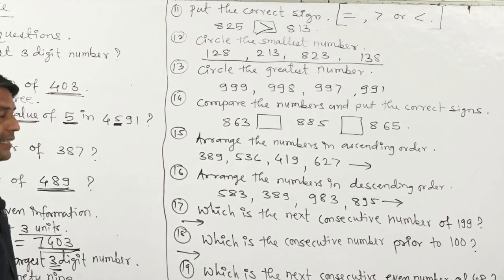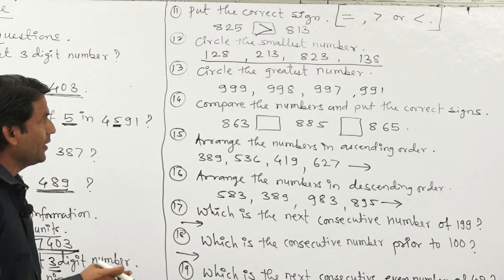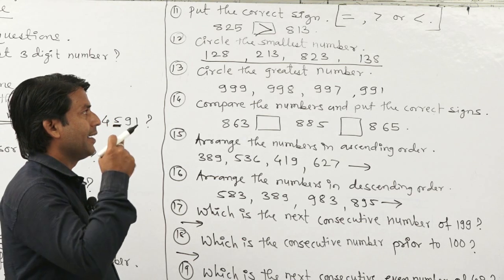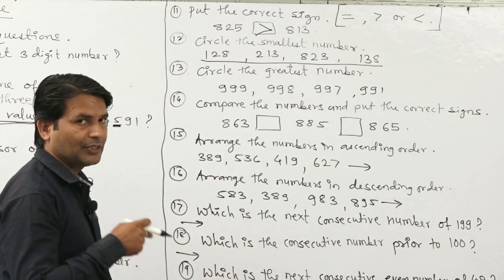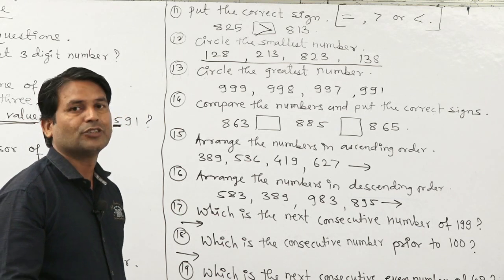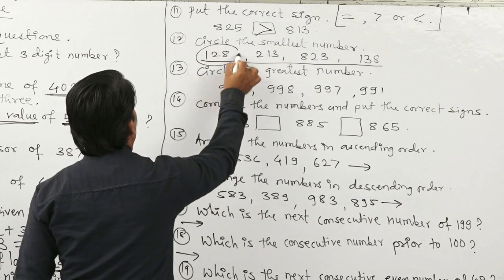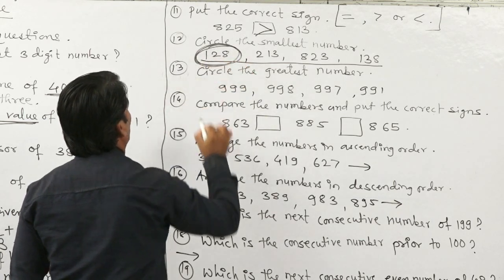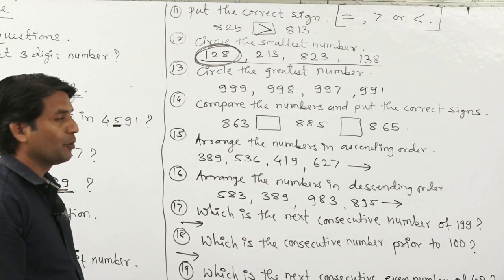Let us see, first of all we will read all the numbers: 128, 213, 823, 138. Which one is the smallest number? We can easily find out. The first one, 128, is the smallest number.